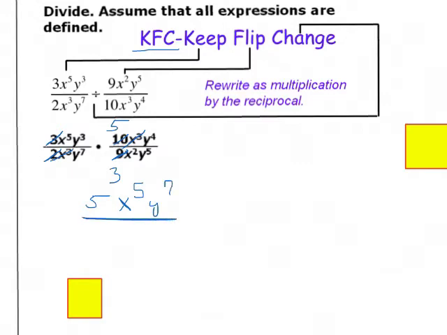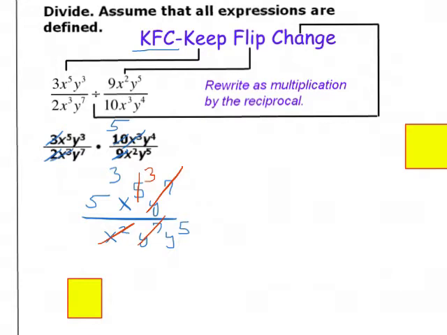And on the bottom, I have a x to the second, y to the seventh, y to the fifth. Now I can see that my y's will divide out. So these divide out here. I see that these two will divide out, leaving me with 3 up there.